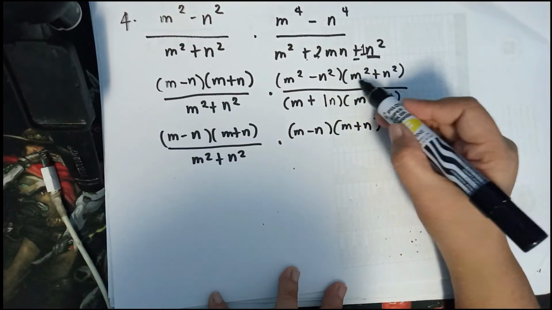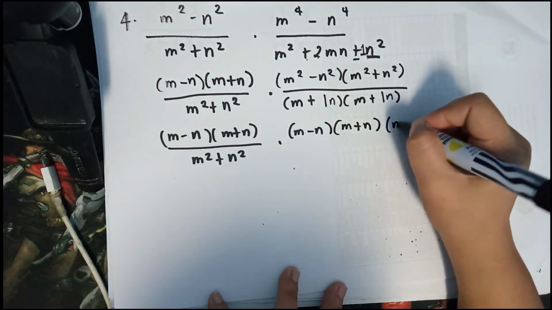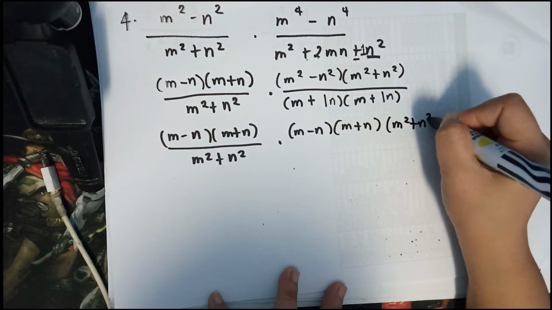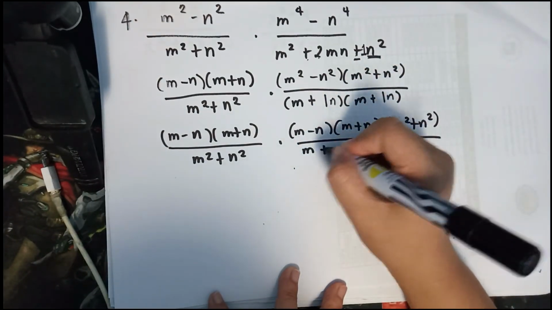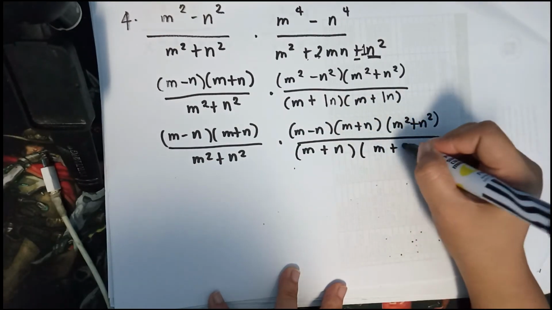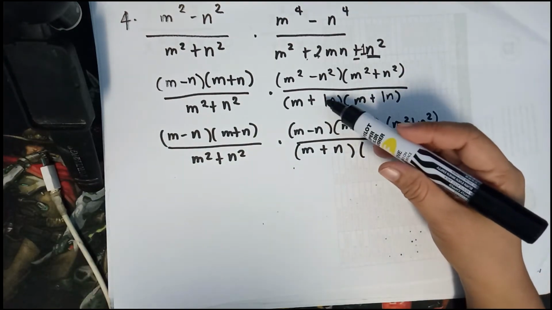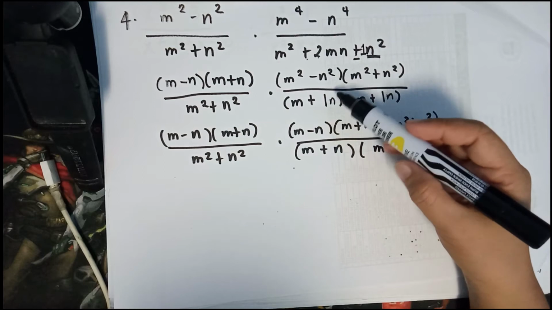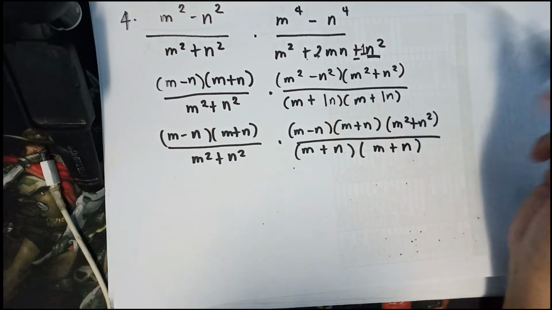And since these terms cannot be factored out, then just copy and write the denominator m plus n and m plus n. No need to write 1 because any number multiplied to 1 is itself. That means 1 times n is n, 1 times n is n.